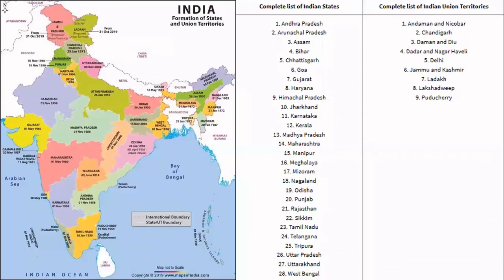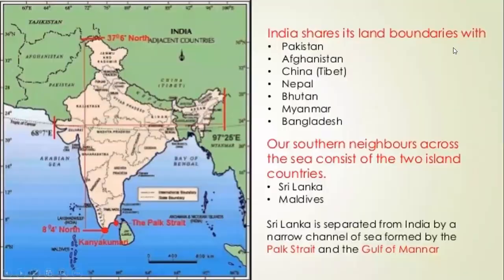It's a union territory, correct? So, India shares its land boundary with Pakistan, Afghanistan in the northwest, China, Nepal, Bhutan in the north, Myanmar and Bangladesh in the east.